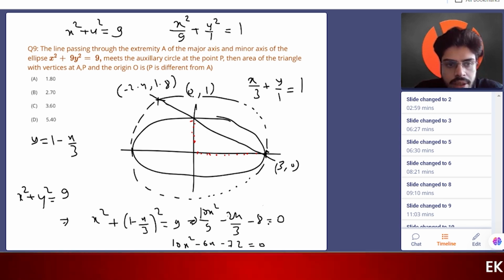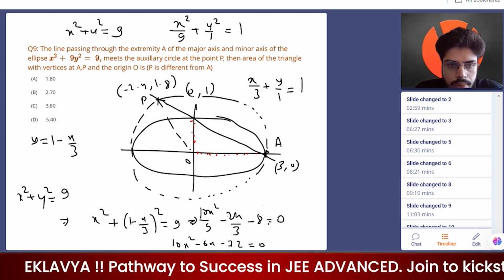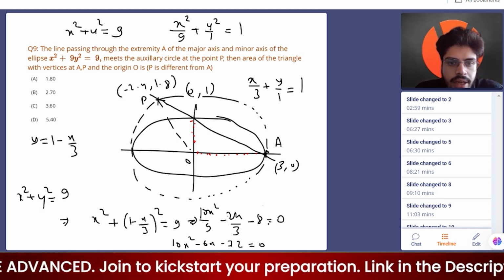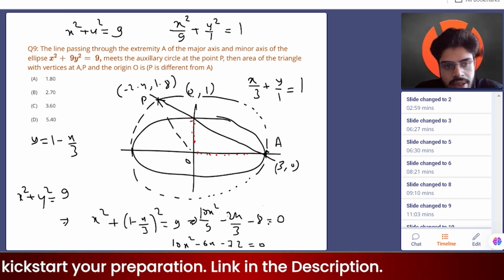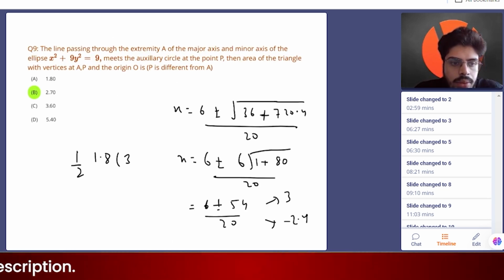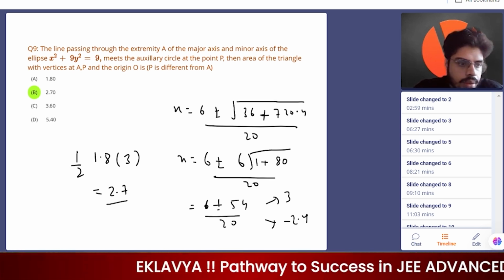So this is the point. So in this triangle APO, this is P, this is A, this is O, the origin. So half base times height. Base is 3, height will be 1.8. So half times 1.8 times 3, so 0.9 times 3 is 2.7. Okay.